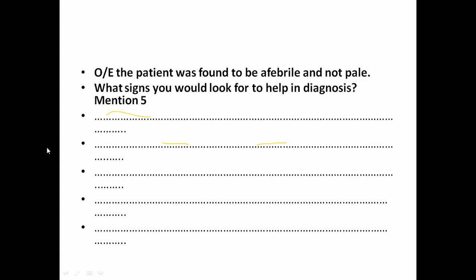Or psoas sign. Are you expected to have all these localizing signs? No. Because it depends on the place, location of the tip of the appendix. Yes, you are right. It depends on the site of the appendix. So localizing signs you look for, but you don't expect to find them all positive.